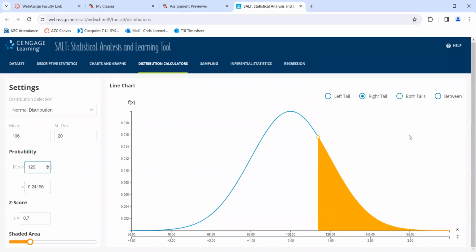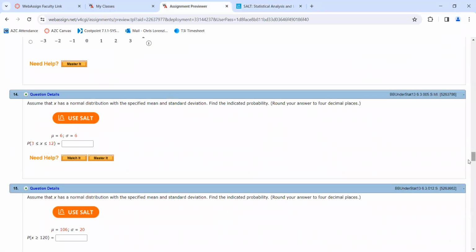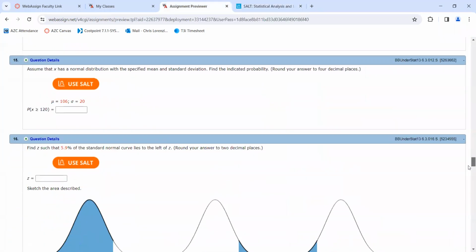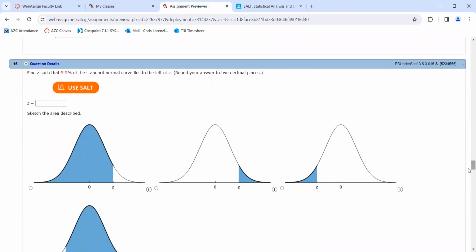So I type in 120, and I will see that the area under the curve to the right of 120 is 0.24196. And so we're able to use it in that fashion to help us out as we're going through these. And so we'll see that most of these tools end up giving you these specified things here.